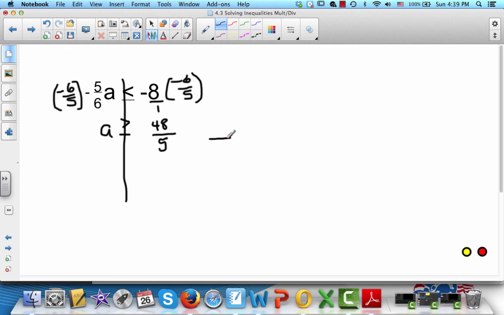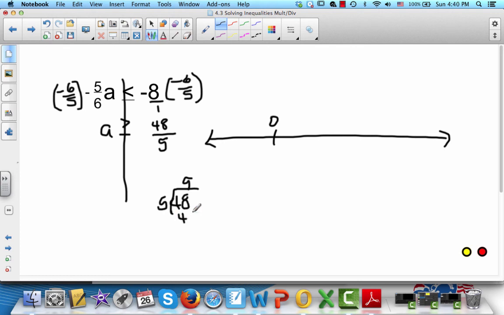Okay, and then to graph it, we come over here and we put our line with 0. And now, see, you might have trouble with graphing. I've told you many times that you can leave your answer as a fraction. But whenever you're graphing, that might be a little bit more difficult. So let's go ahead and go 48 divided by 5, and we'll get 9 times 5 is 45.